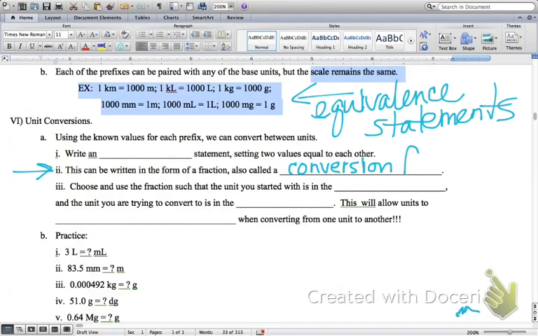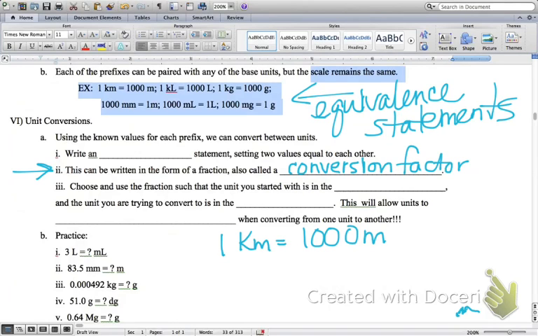So that's something that you guys should already have filled in based on going through the Unit 2, Module 4 PowerPoint. Okay? Well, let's say, for example, that I were looking at the equivalent statement 1 kilometer is equal to 1,000 meters.